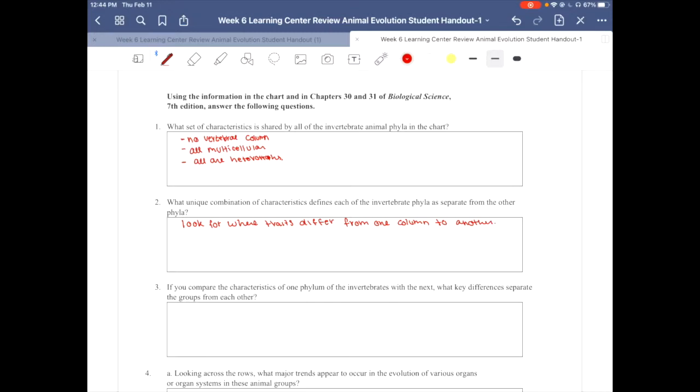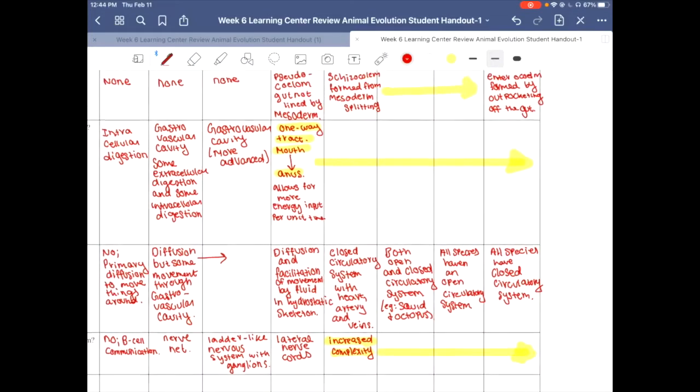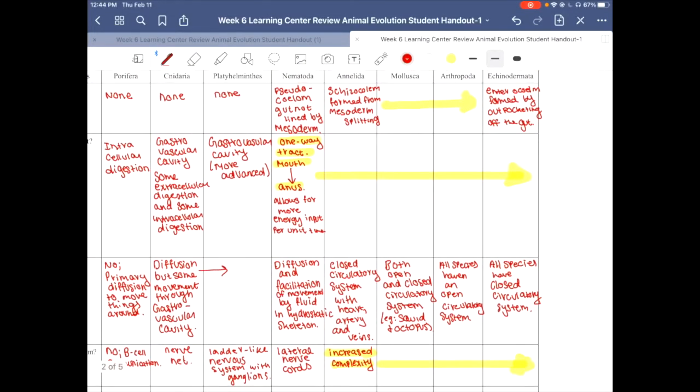Question says, would increased muscle complexity count as a key characteristic? Yeah, it would depend on which two phyla you're comparing.